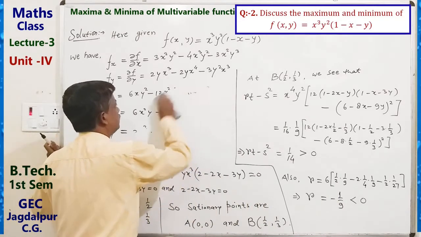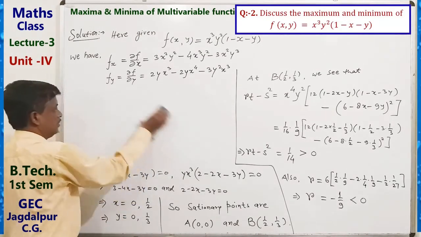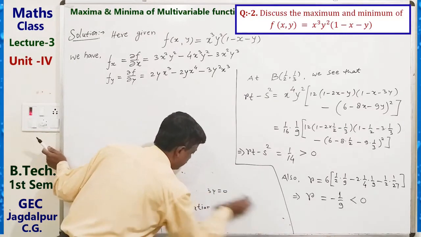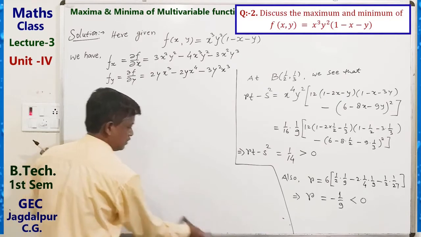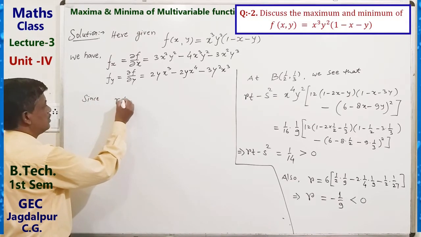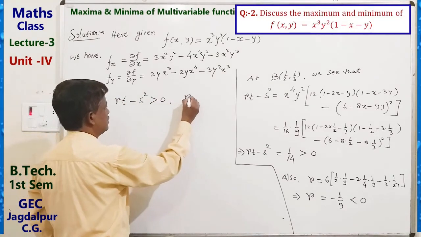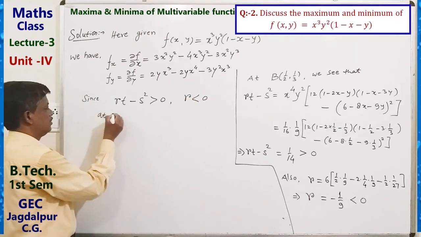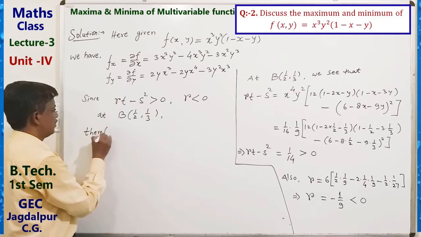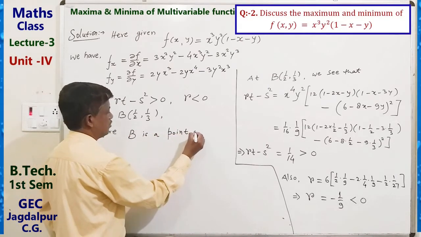Okay, so we can give the decision like: since RT minus S square is greater than 0 and R is less than 0 at B, 1 by 2, 1 by 3, therefore B is a point of maxima.